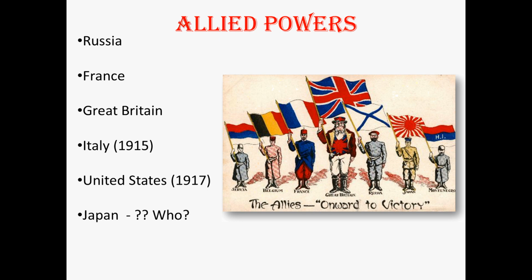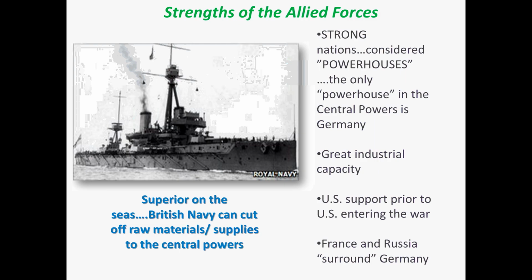Now let's talk about what their strengths were. Why should they be the ones to win the Great War? Well, for the most part, 3 of these nations, England, France, and Russia, are considered powerhouse nations. I mean, they're 3 of the biggest, most important countries in Europe, which makes them 3 of the biggest, most important countries in the world.